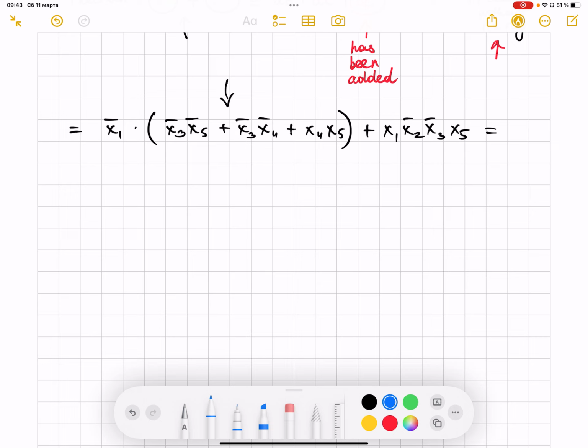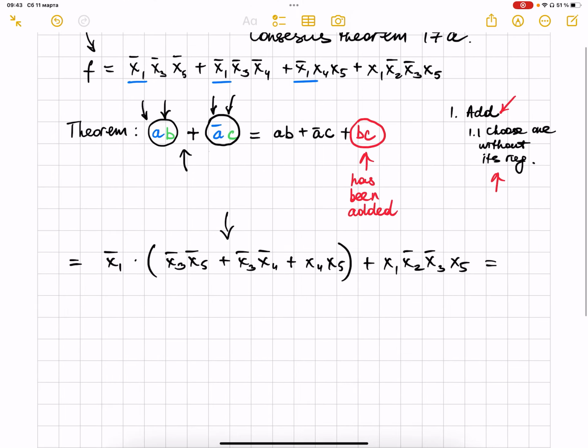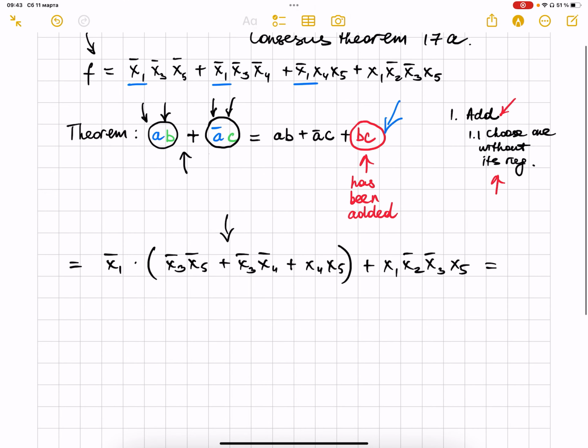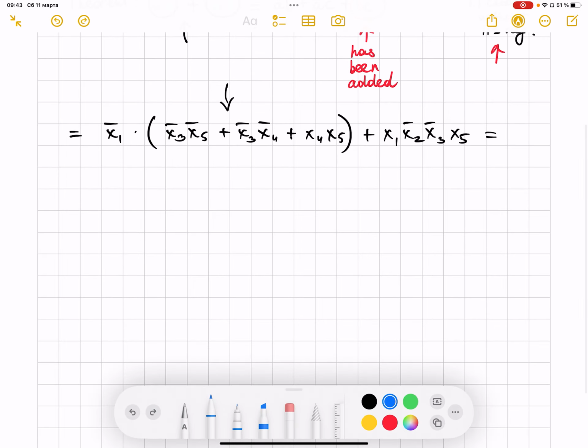You don't have to consider all three elements while finding out which element to add. You consider just two or three, okay? It's just enough.